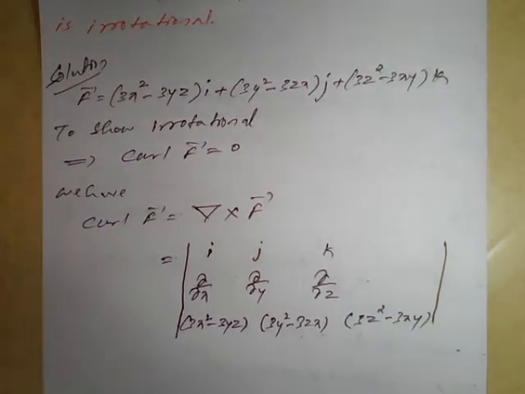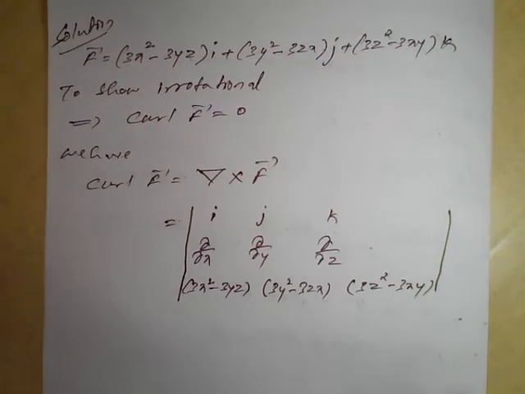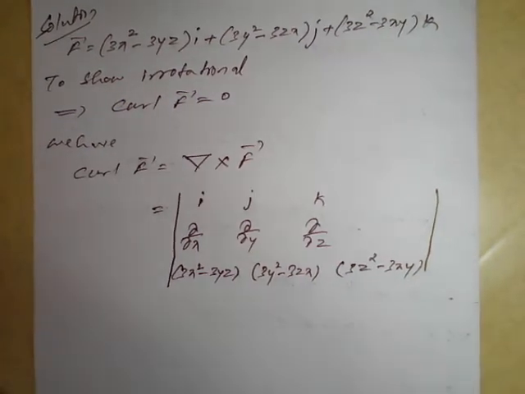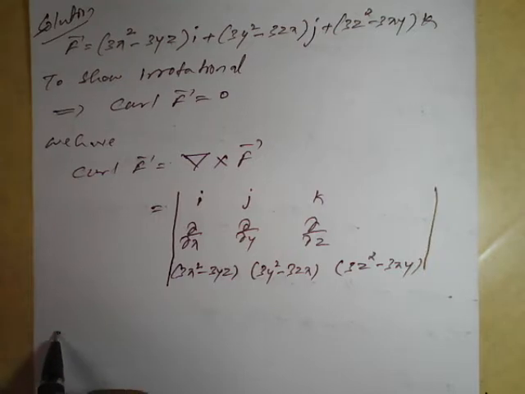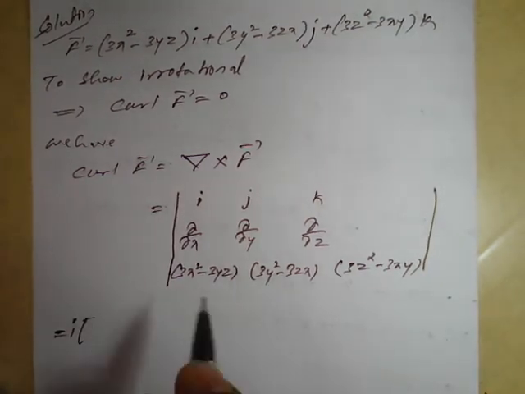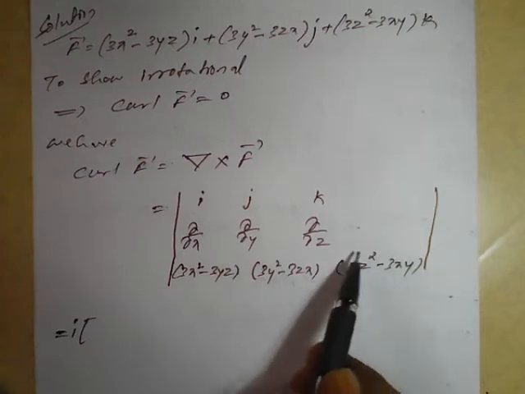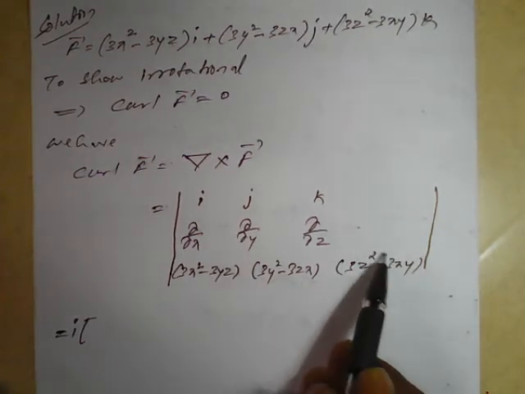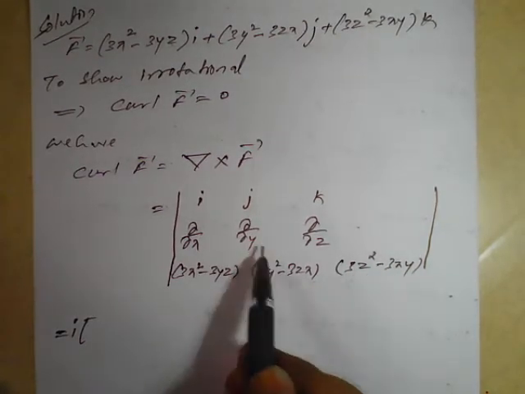In this way we need to form a determinant for the given curl of vector f. Once we have the determinant, we need to simplify. So it is i times dou by dou y of the last bracket, the partial derivative with respect to y.